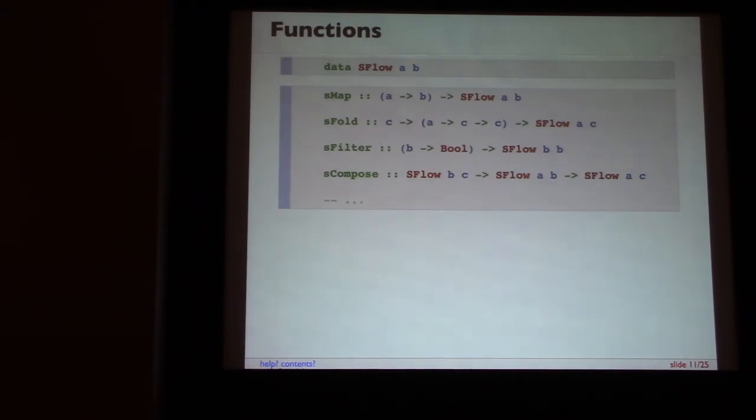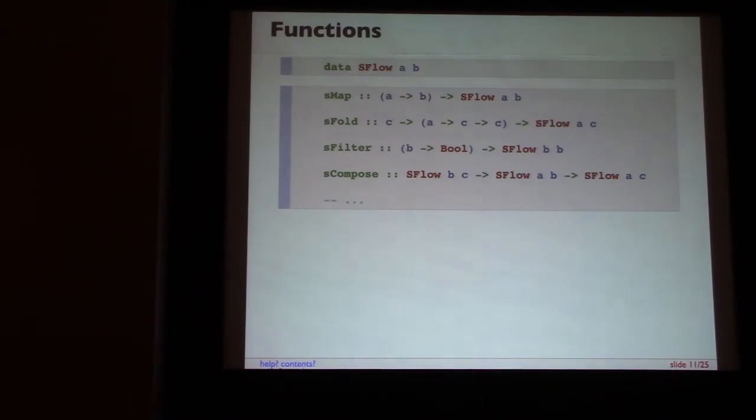So sfold takes a start value, takes a function to consume, and returns a stream. sfilter takes a stream and returns a more limited stream, which only fires when the predicate is matched.